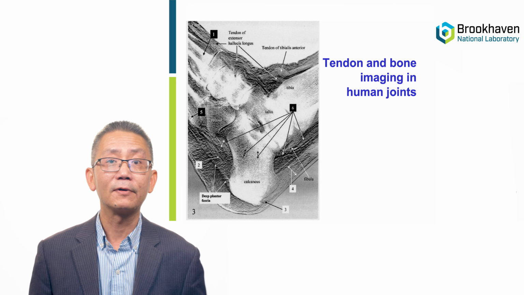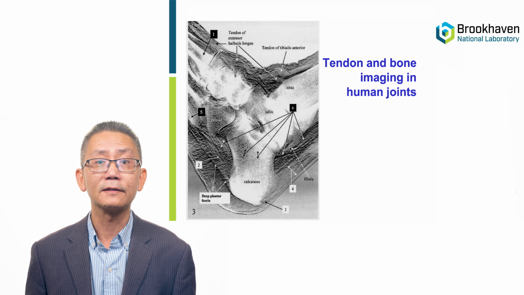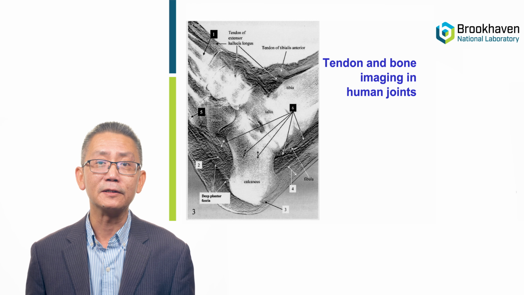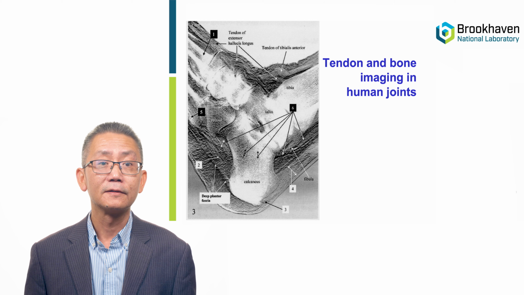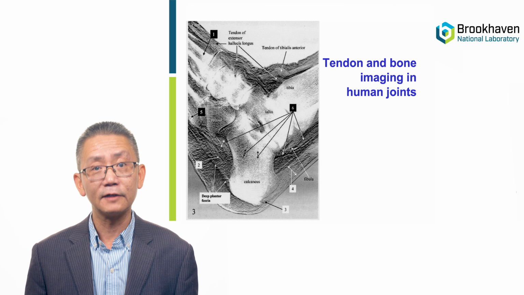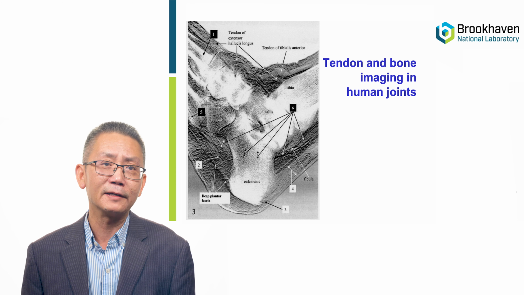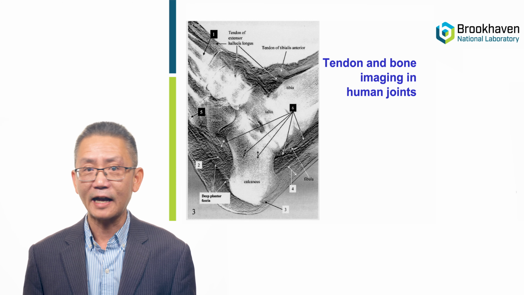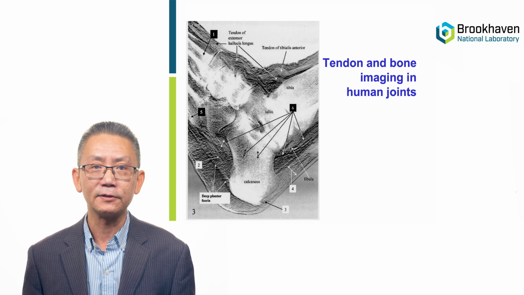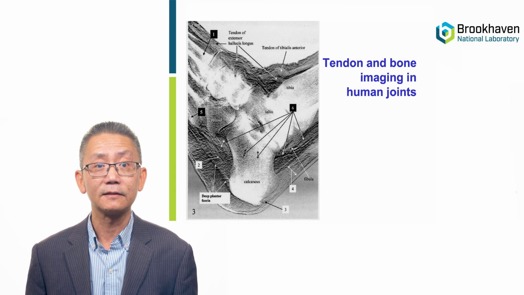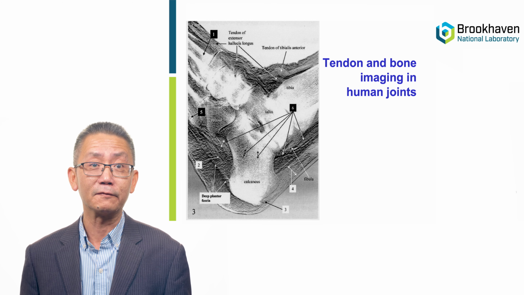Here is an example illustrating another powerful feature of diffraction-enhanced imaging. This is a human foot. Usually for X-rays, when you take an X-ray of a human foot and joint, you see the bone, that's it. You don't see the soft tissue, you don't see the tendons, you don't see the cartilage, which is what you're really looking for.